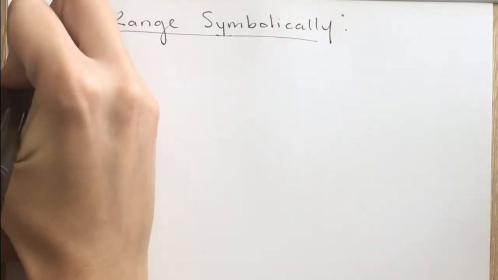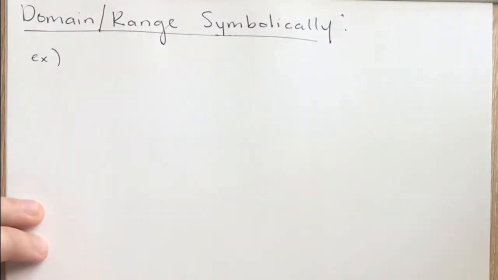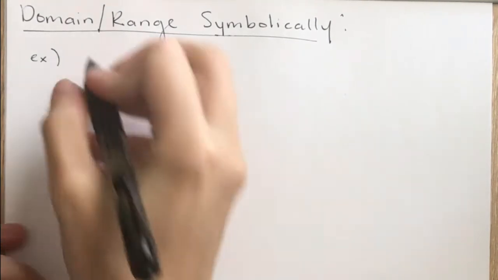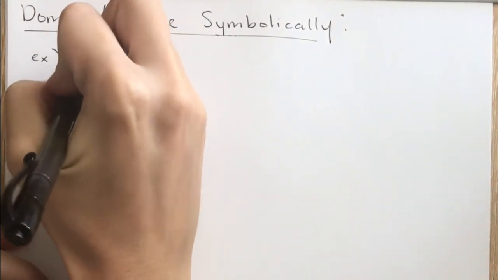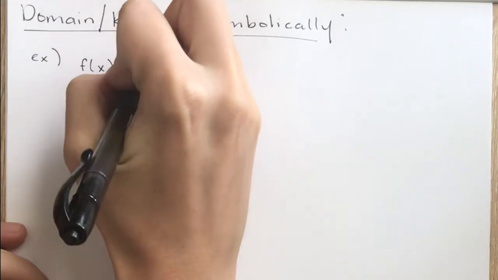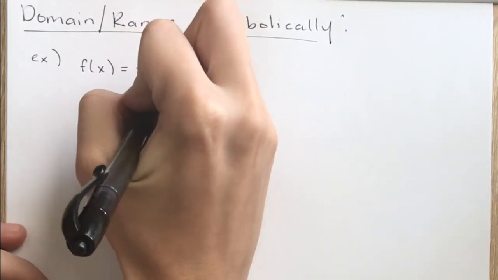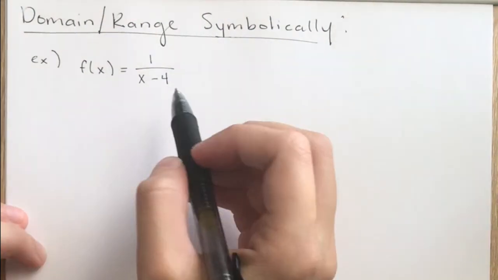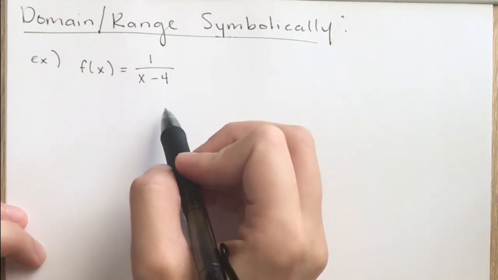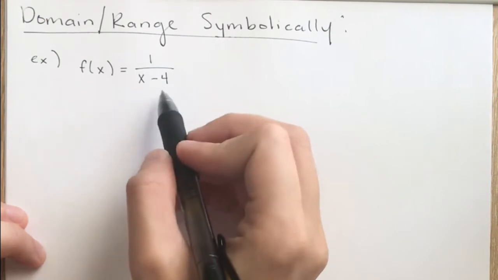Okay, so for our first example, I would like to quickly look at the function f of x equals 1 over x minus 4. What is the closest function that we've looked at so far to this guy?